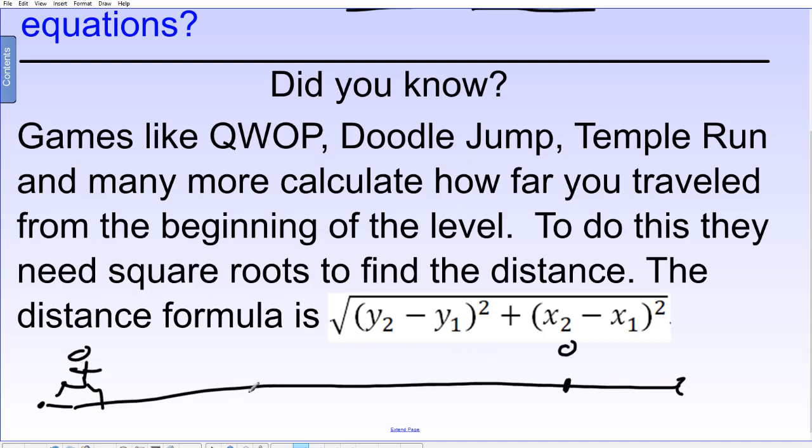Or Doodle Jump: figure out from the bottom of the map, when you start jumping up and up and up, how far you got to the top. That's how far you've traveled. And they use this formula. Again, that's the distance formula, which will come in handy way down the line in chapter 7, 8, 9, something like that, talking about the Pythagorean Theorem. But it does involve square roots.